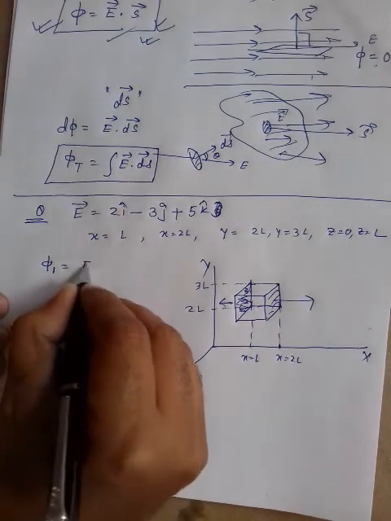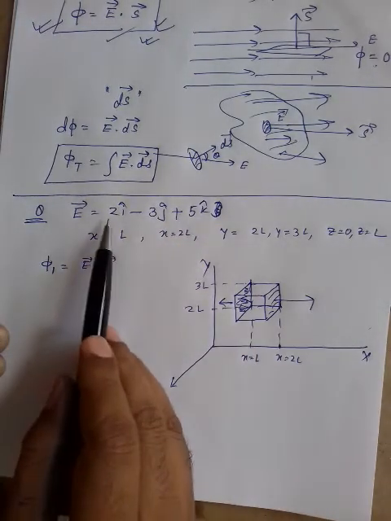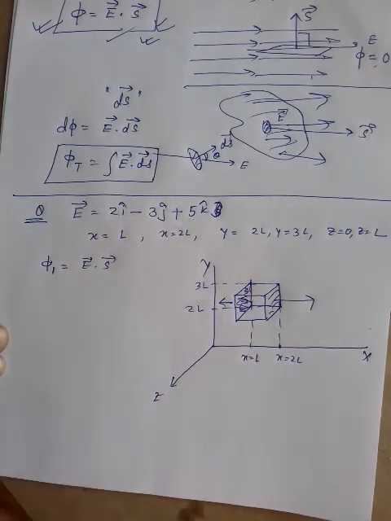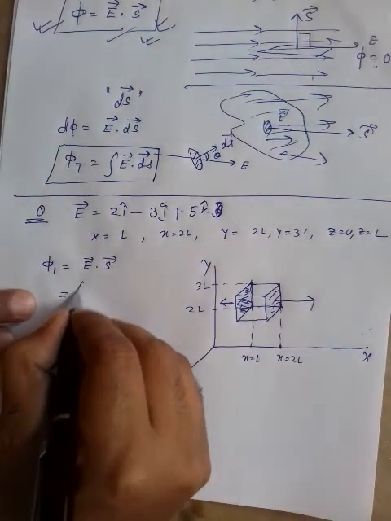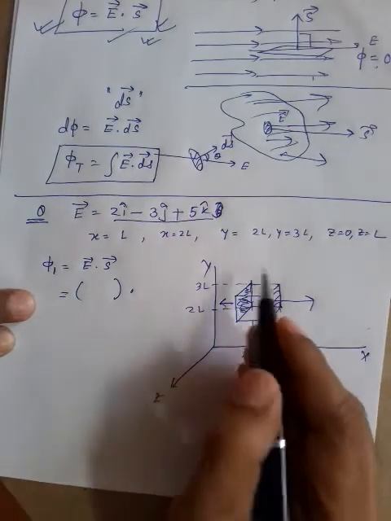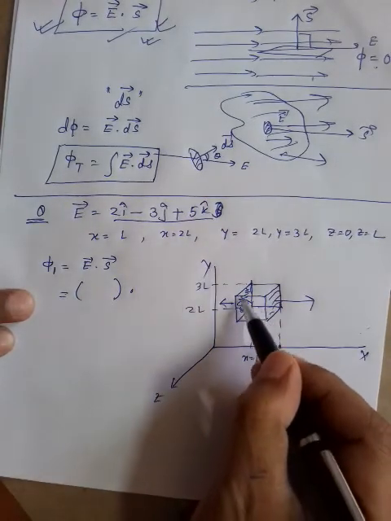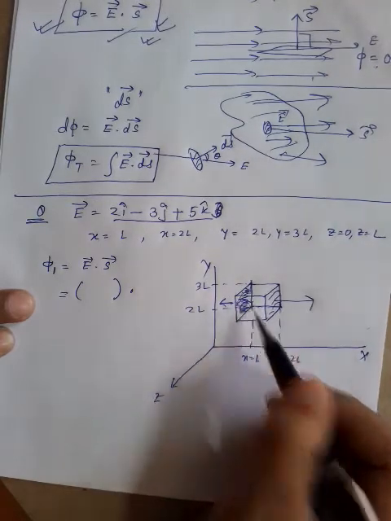Flux is given by E dot S. Why E dot S? Because the electric field is uniform. Here no x-axis, no y-axis or z component variation present. So along x, along y and z, it is not variable, fixed. What is E? Whatever E you have, you write this value. For the area of this surface, you know the side of the cube is L, so the surface we are considering is like a square.